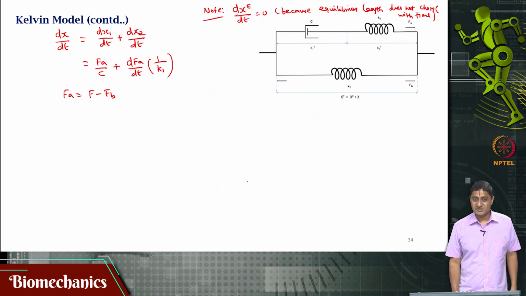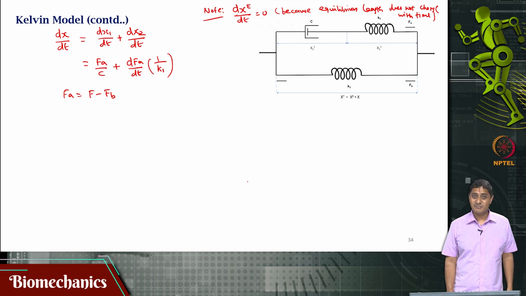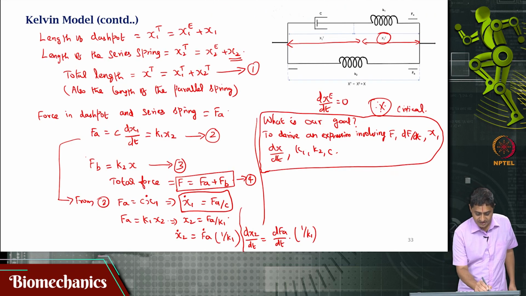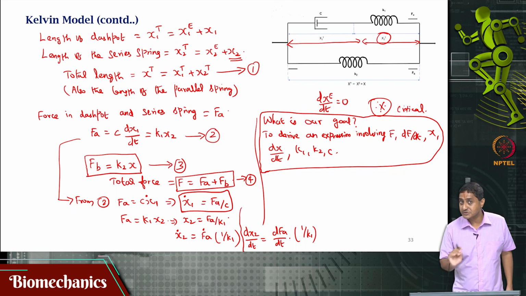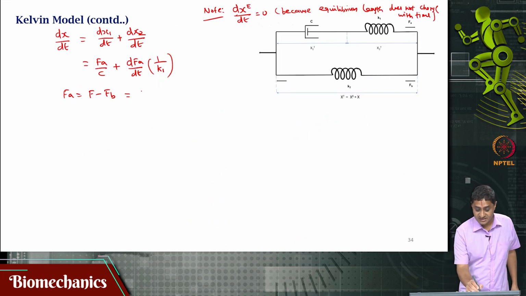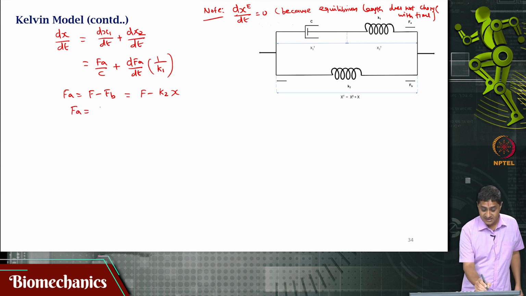F is Fa plus Fb, that means Fa is F minus Fb. But what is Fb? We know what is Fb. Fb is that K2x. It is not K2x2, it is K2x. So, I can now write this as F minus K2x. Fa is F minus K2x.